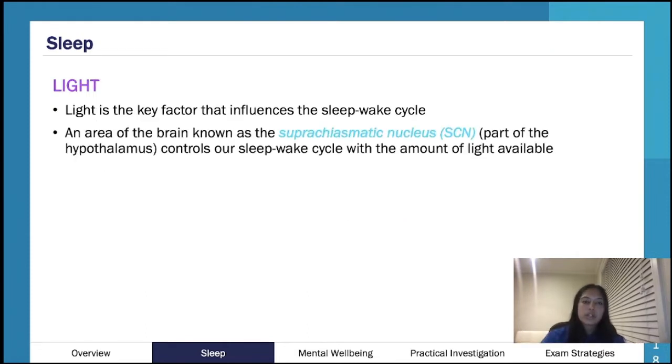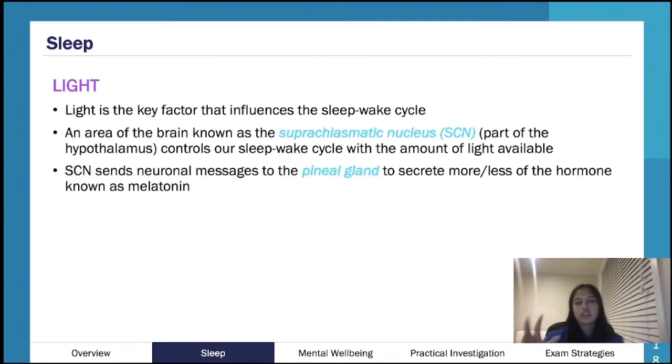Okay, so this idea of light: light is our strongest cue for sleep. It works by influencing the release of melatonin, the sleep hormone. Light basically tells the body when to release melatonin, which makes us feel sleepy, and when to inhibit it.